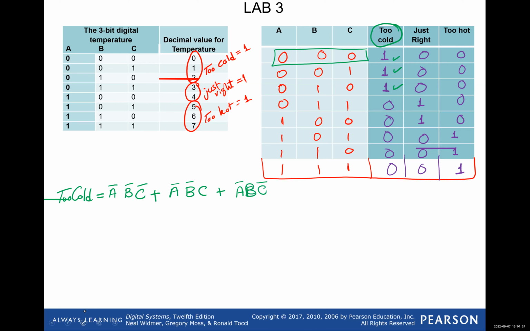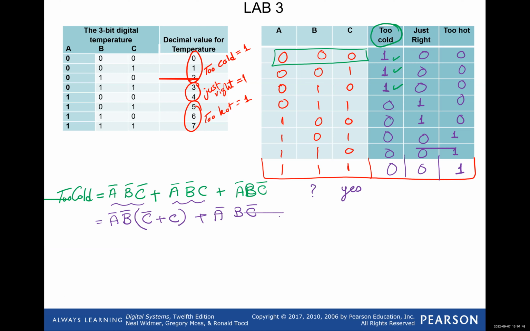Okay. Now my second question is, can we simplify this even more? And the answer is yes, we can. So let's simplify this. By looking at these 2, I have the A complement and the B complement as a common factor. So I can leave the C complement or C here. A complement, B, C complement.